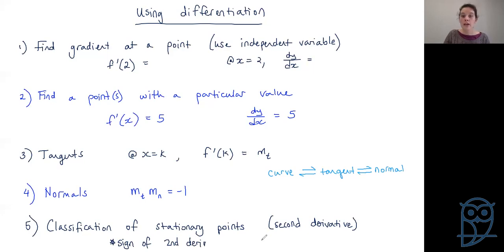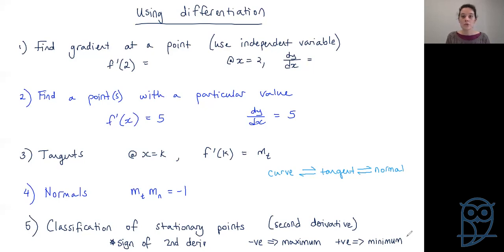Okay, if your second derivative is negative, then you have a maximum. If your second derivative is positive, then you have a minimum.